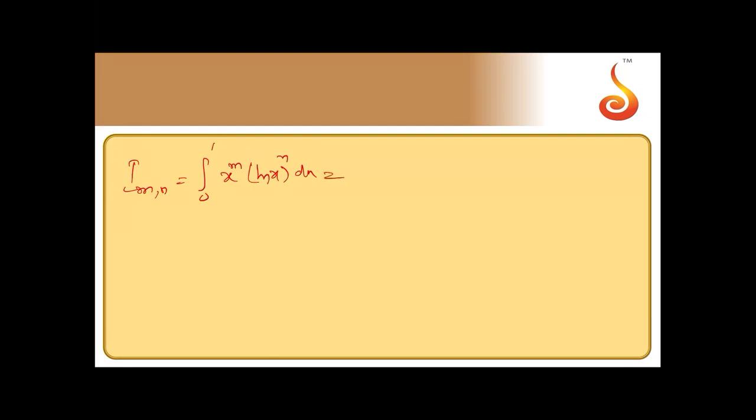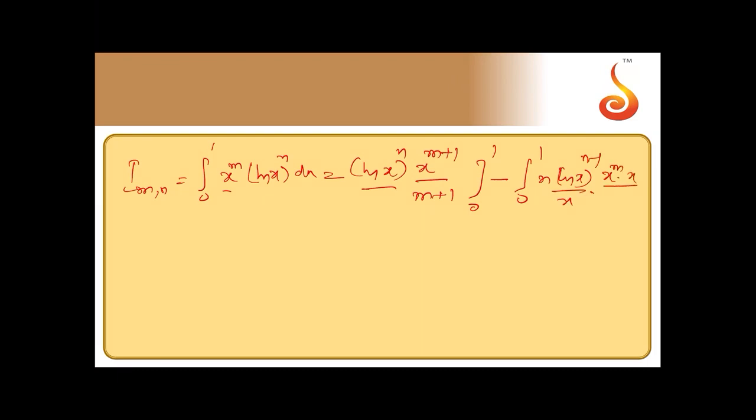When you apply this, it can be written as x to the power of m plus 1 divided by m plus 1, into log x to the power of n, with limits from 0 to 1, minus integral 0 to 1 of n into log x to the power of n minus 1, by x, into x to the power of m plus 1 divided by m plus 1, dx.